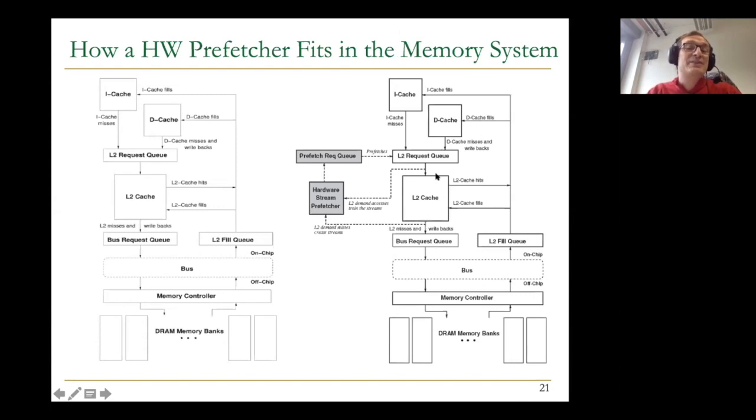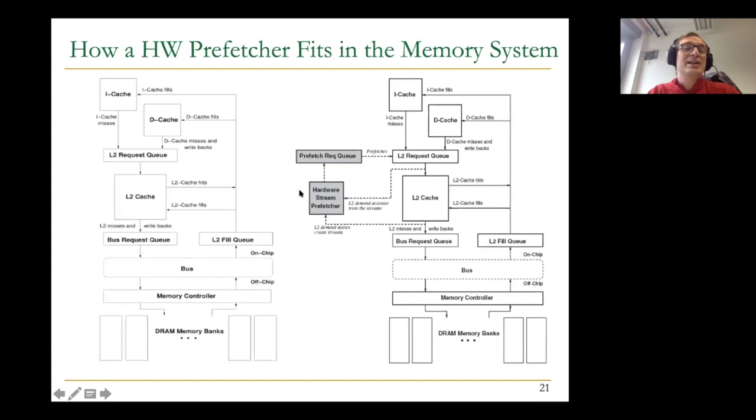And we will see that there's a fundamental trade-off between coverage and accuracy in prefetching. Accuracy means, are the prefetches you're sending out accurate, meaning are they going to be needed by the processor? We're going to define it more formally later on. And the more accurate your prefetches are, clearly the less bandwidth and less energy you're wasting. But the more accurate your prefetches are, usually the less coverage you have. Coverage means how many of the cache misses the processor sees are just eliminated now because you have a prefetcher.